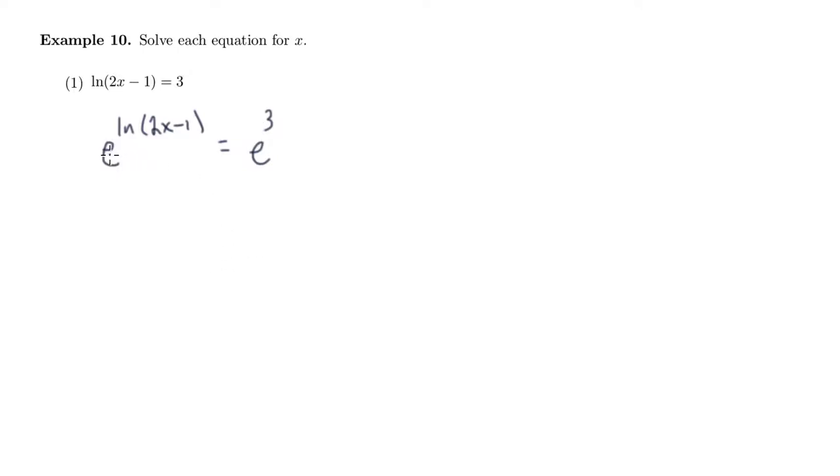Okay, but e raised to the natural log, remember that natural log is really log base e, cancels. And so we have 2x minus 1 is equal to e to the third. But now I can just use addition and division.